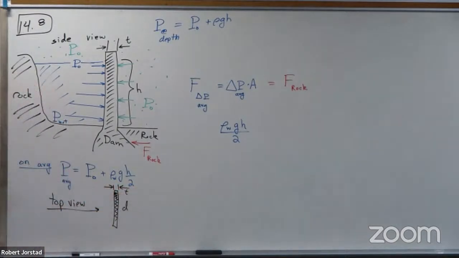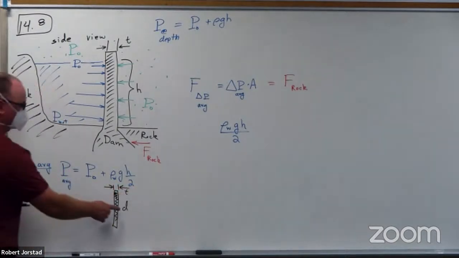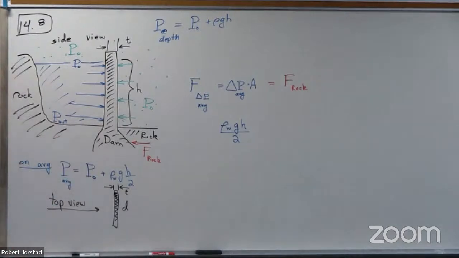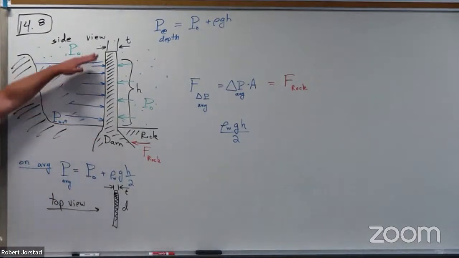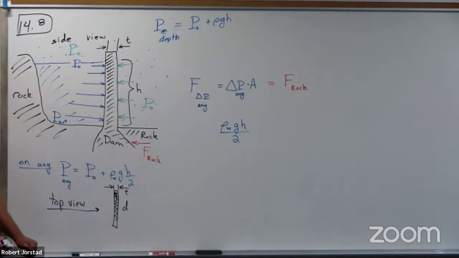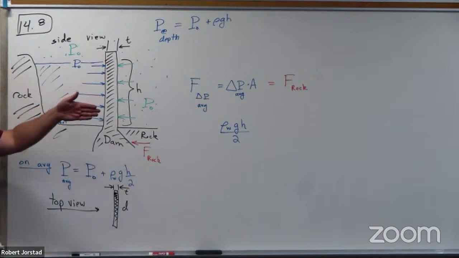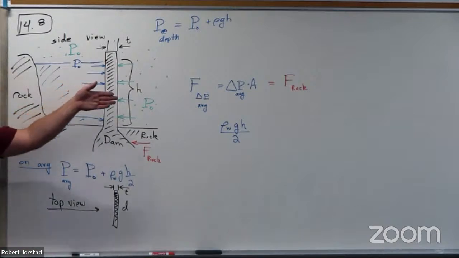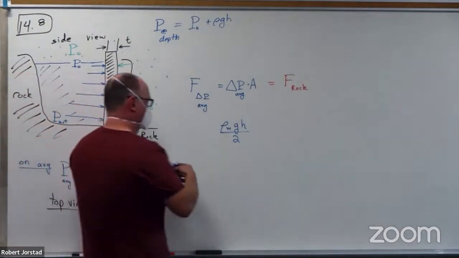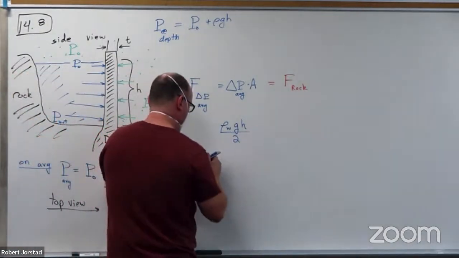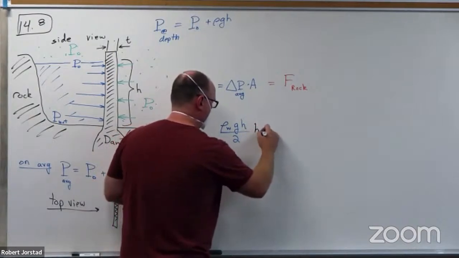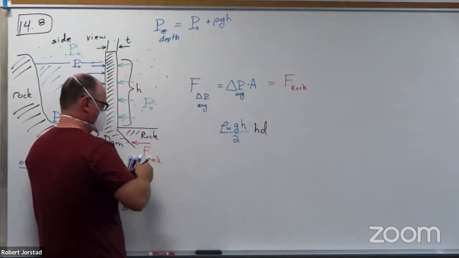I hope you agree that the area is actually H times D, where H is the depth and D is the width or dimension into the page. Cool? This is the whole point of this. It's times HD. Look at this cool result.